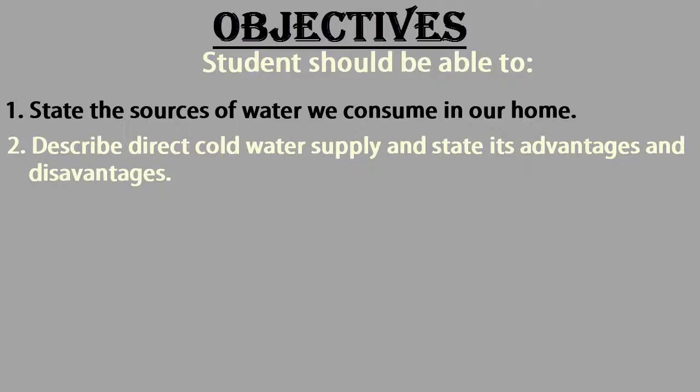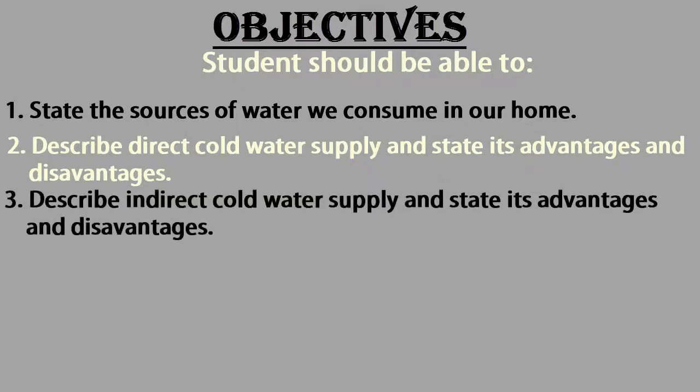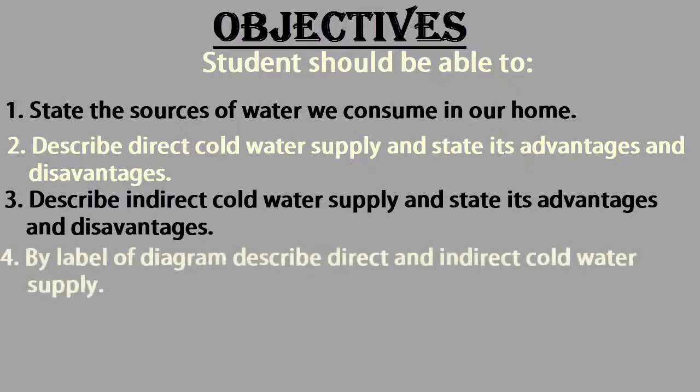The student should also be able to describe indirect cold water supply and state its advantages and disadvantages. The student should also be able to, by means of diagram, describe the two types of water supply system, direct and indirect water supply system.